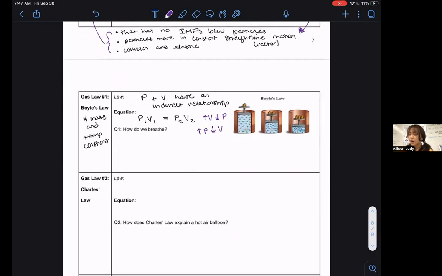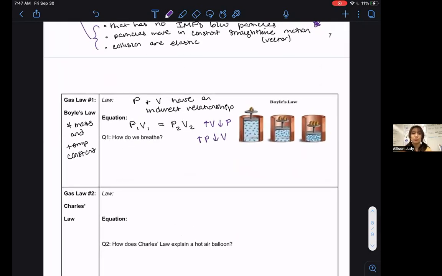So let's connect this to something more tangible. What does that actually mean? Well, let's think about how we breathe. When we breathe, the volume of the lung increases when we inhale.